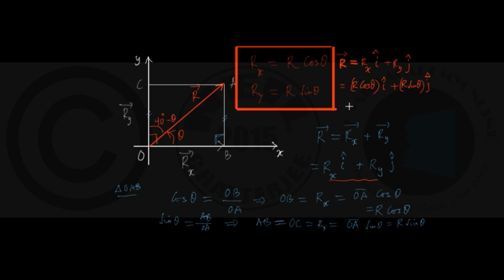So that is one way of writing. You can also see by reverse process, incidentally, that I leave for you as an exercise.